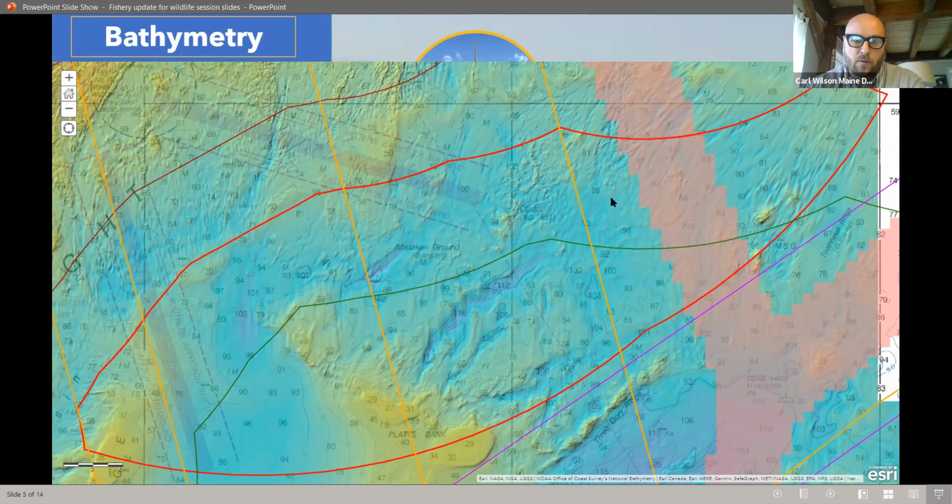This area in the northern third actually wasn't available until the last couple of weeks. This is our first look at some of this bathymetric data that was just made available through the NOAA hydrographic group. It really adds dimension and context to our conversations as we have been talking with fishermen and also looking at the publicly available data.